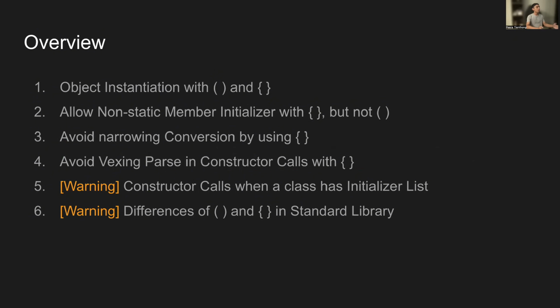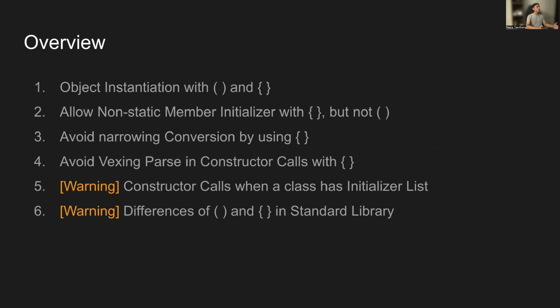Points number 2 to 4 are the benefits of using the braces over parentheses, which are: allow non-static member initializer with braces, avoid the narrowing conversion by using the braces, and number 4, avoid wasting paths in constructor calls using the braces.